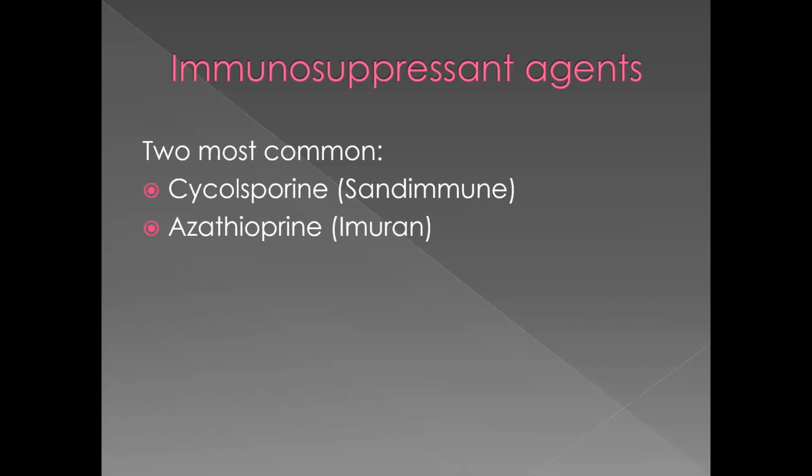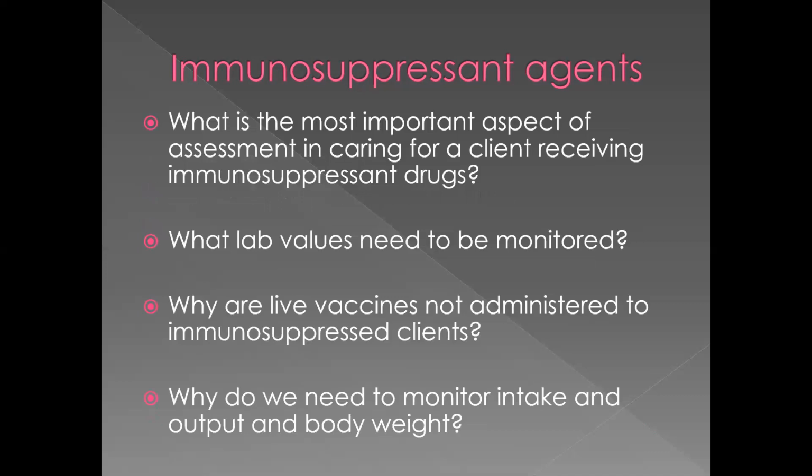All right, so let's review again for the immunosuppressant agents. What is the most important aspect of assessment and caring for a client receiving immunosuppressant drugs? Watch for increased signs of infection, such as increased temp, and keep the patient safe and away from anything or anyone that may compromise them or may get them sick. What lab values need to be monitored?